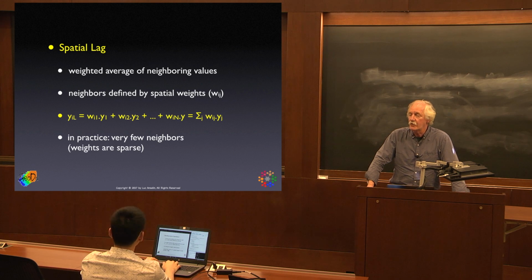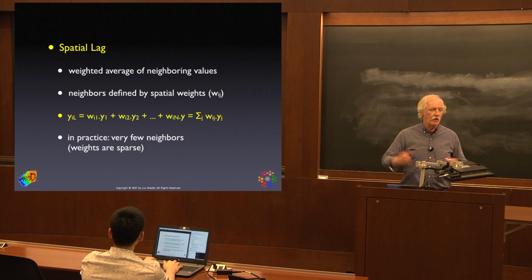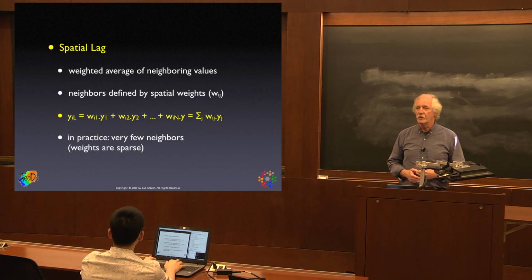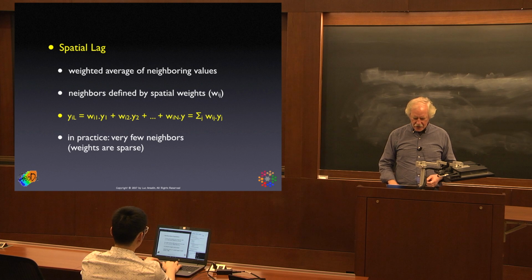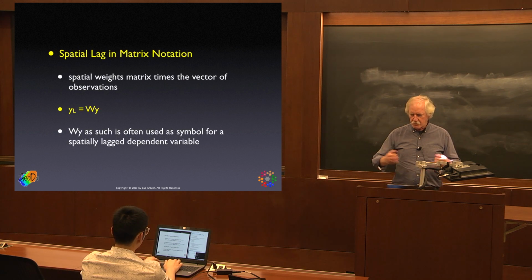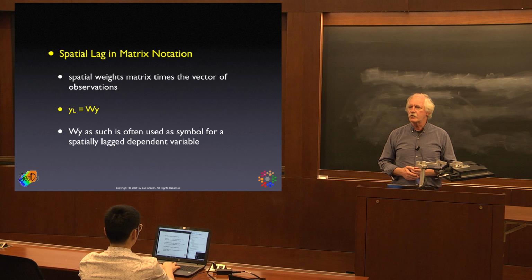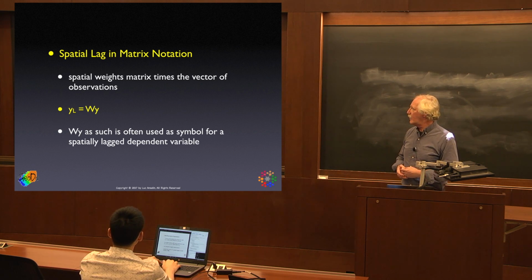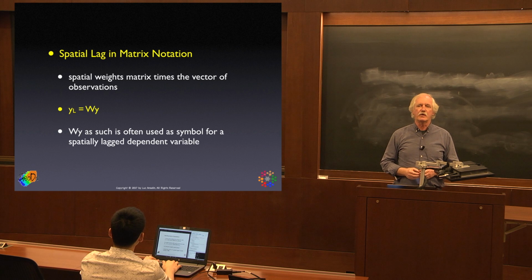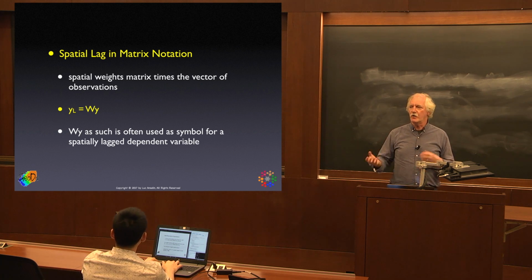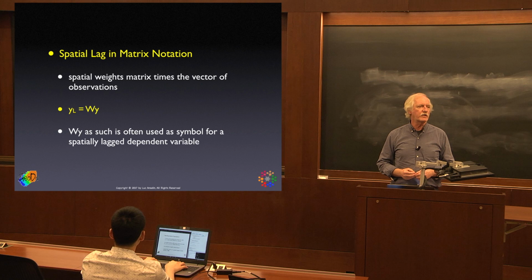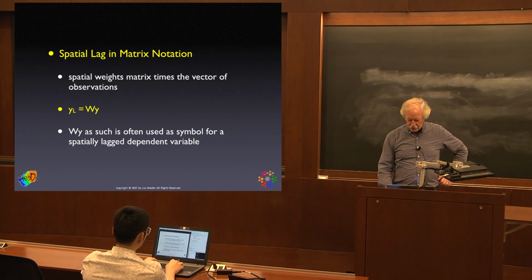As I pointed out a number of times already, these weights tend to be very sparse. So there are lots of zeros in there. There's only 4 or 5, 6 that are non-zero, so this is really easy to do. These spatial lags can also be written in matrix notation. We're used to this by now. So we have spatial weights matrix W and y. We saw that last week when we looked at the autoregressive models. That was a spatially lagged variable as well.